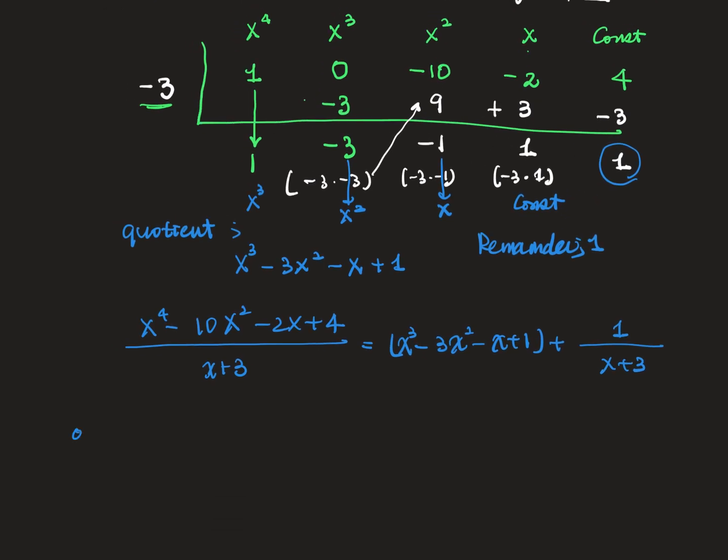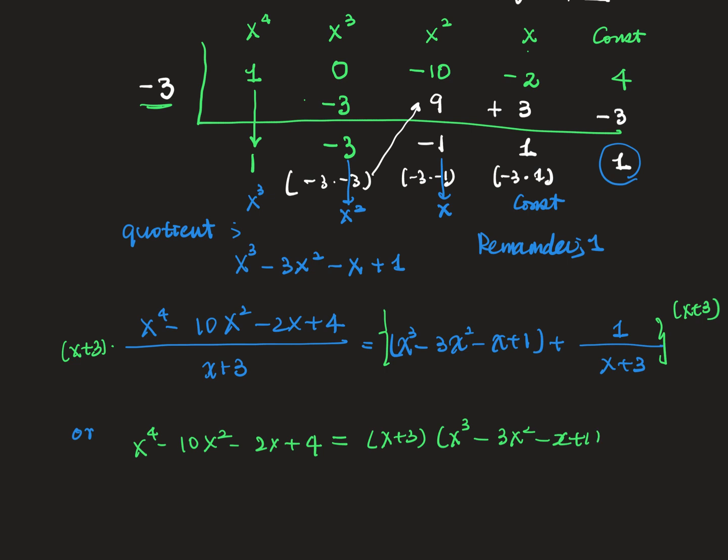Or you multiply both sides by x plus 3, and you get x to the fourth minus 10x squared minus 2x plus 4 equals x plus 3 times x cubed minus 3x squared minus x plus 1, plus 1.